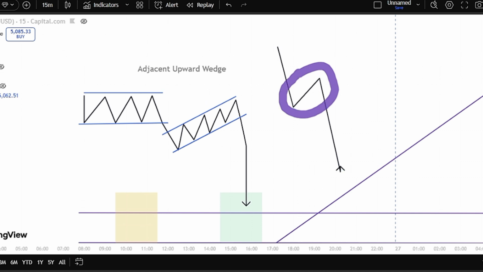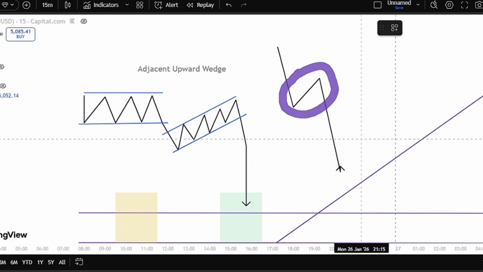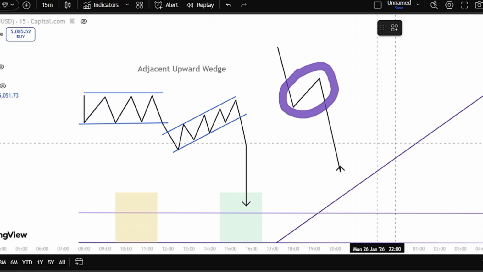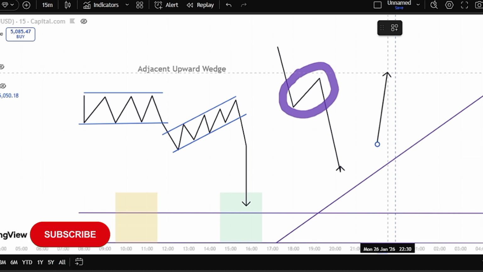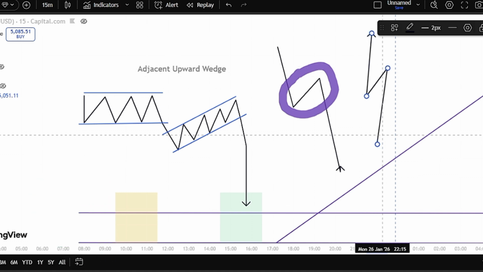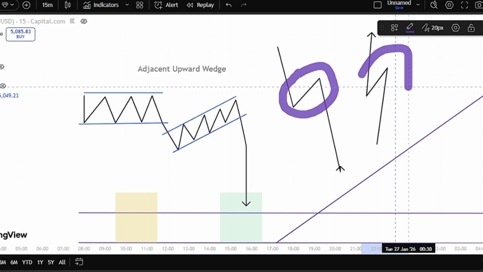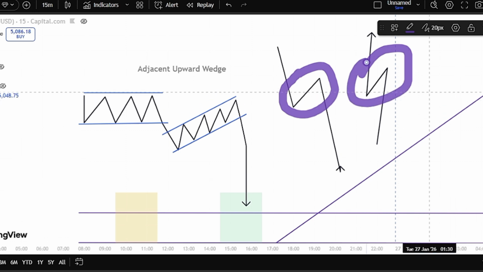When you see something like this, the reverse is the case. Now this becomes a downward wedge. Are we together now?